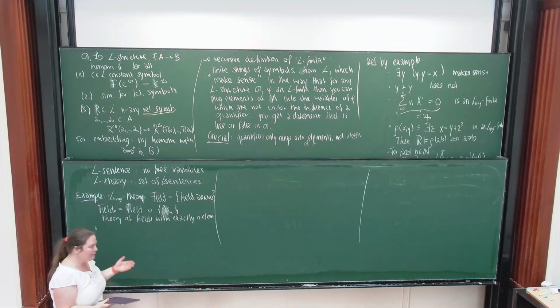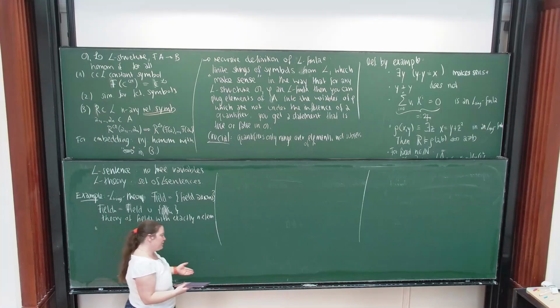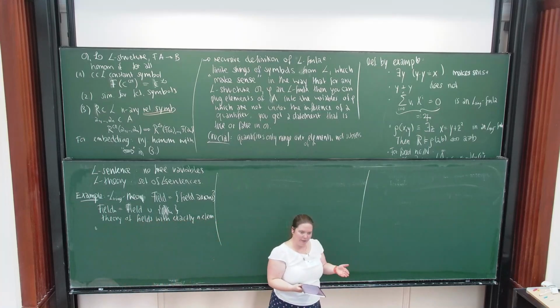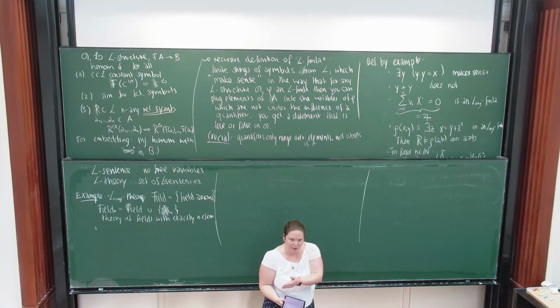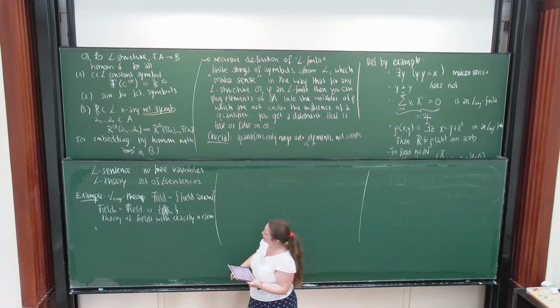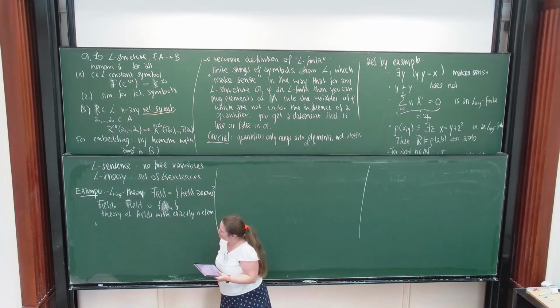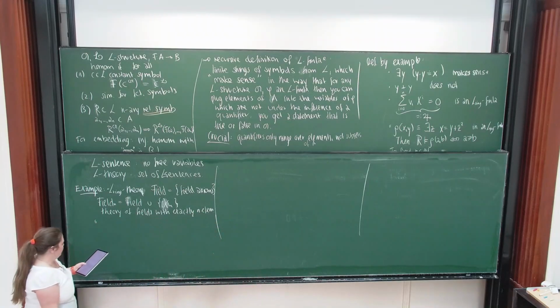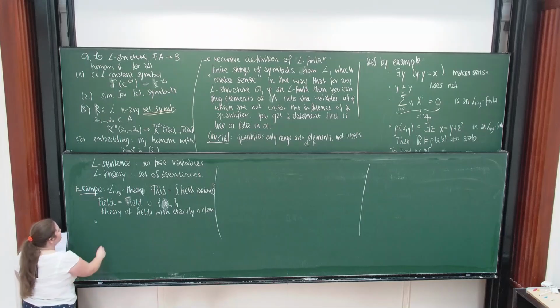And it's about the interplay between the two, and you might want to show something about the class of structures satisfying a certain theory to learn something about the theory, or you might want to show something about syntactical properties of the theory to learn about the class of structures corresponding to that theory. So maybe you're interested in theory, maybe you're interested in structures. And this viewpoint changes all the time.